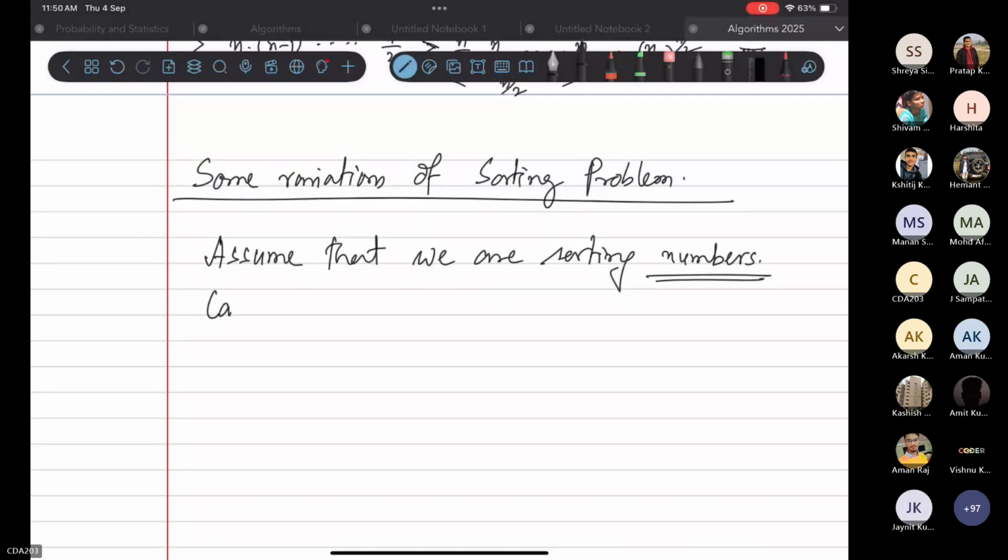Can we sort numbers in better than n log n? Means I want linear time. Can I do this? Okay. The answer is yes, but it's not always.